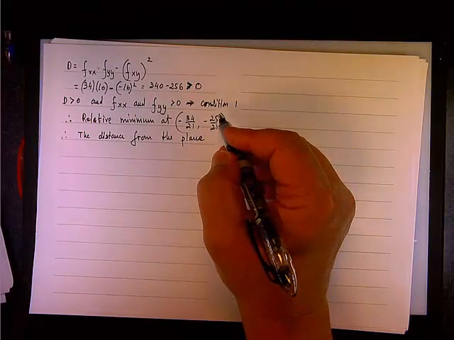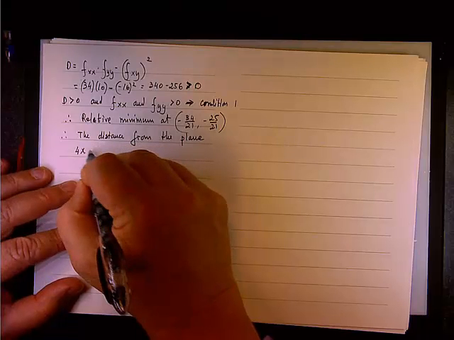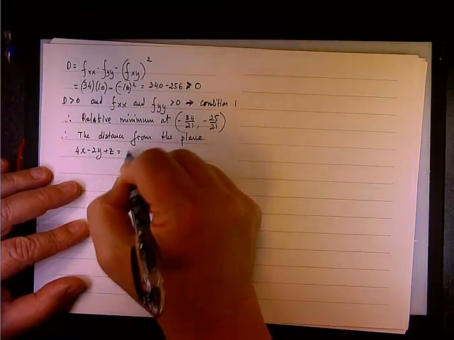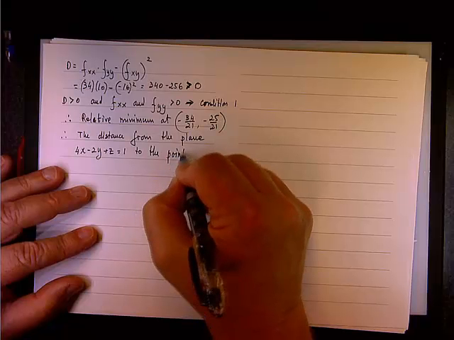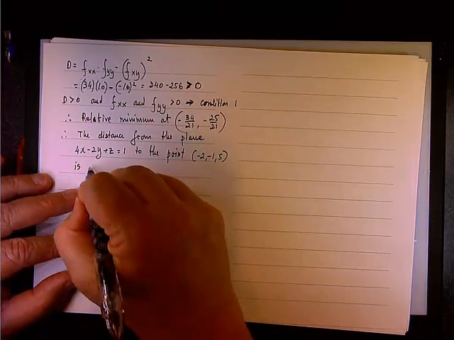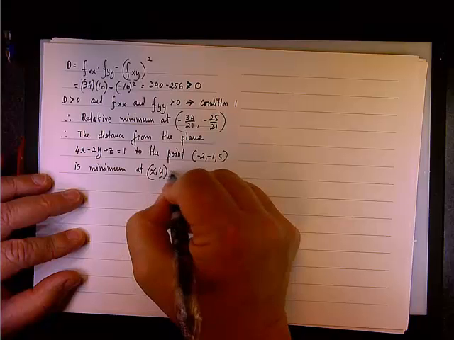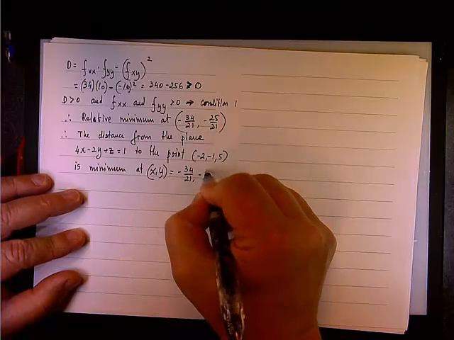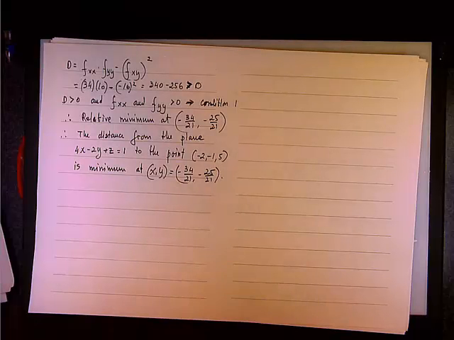Okay, so therefore the distance from the plane 4x minus 2y plus z equals 1 to the point negative 2, negative 1, and 5 is minimal at x y equals negative 34 over 21, negative 25 over 21.